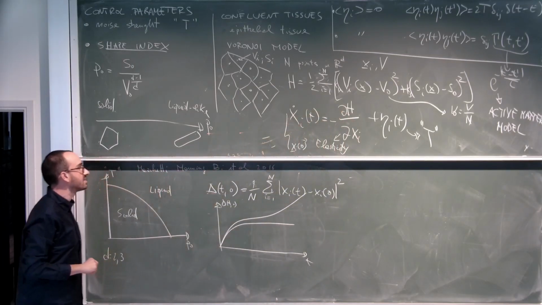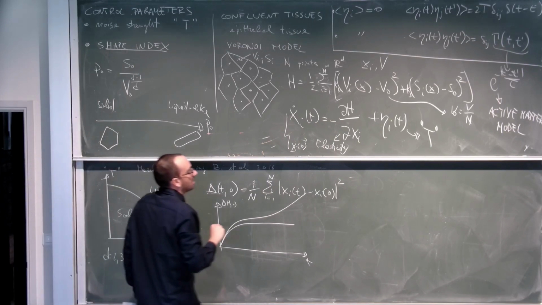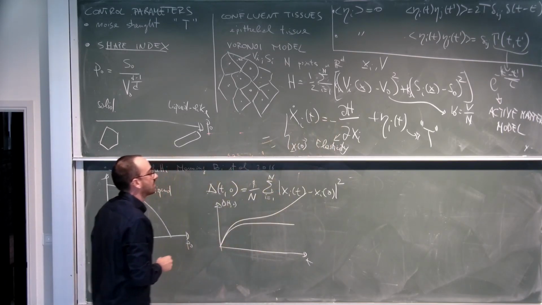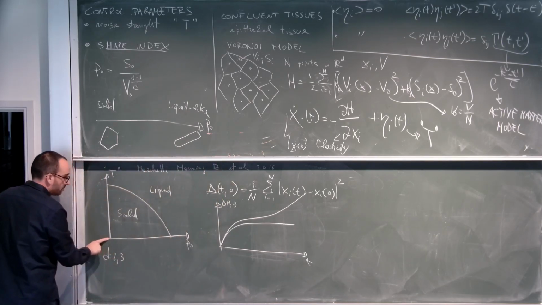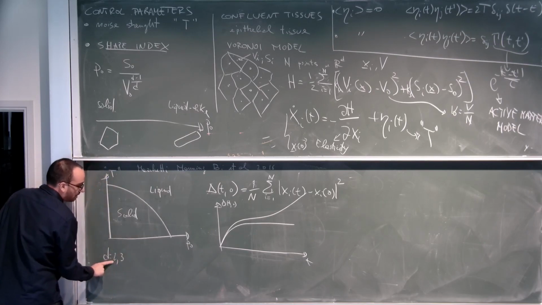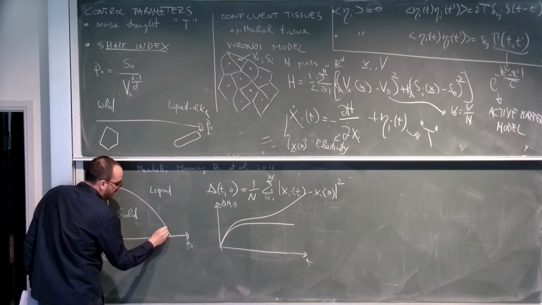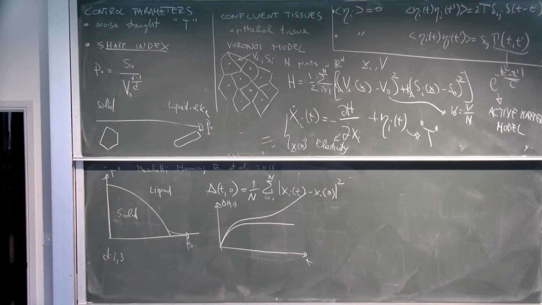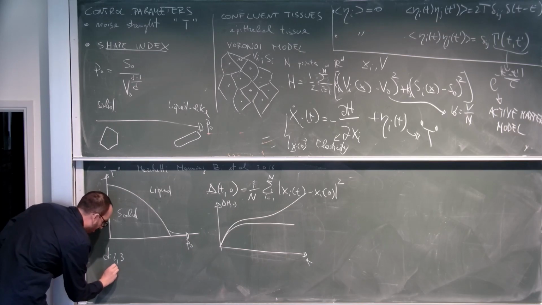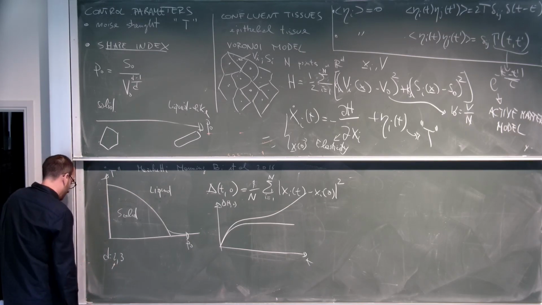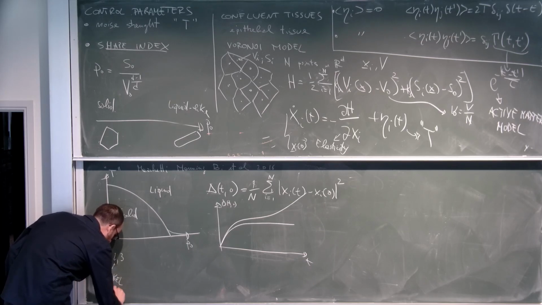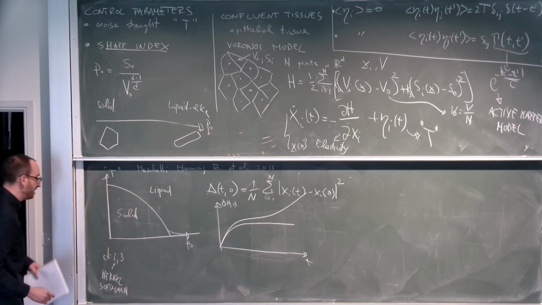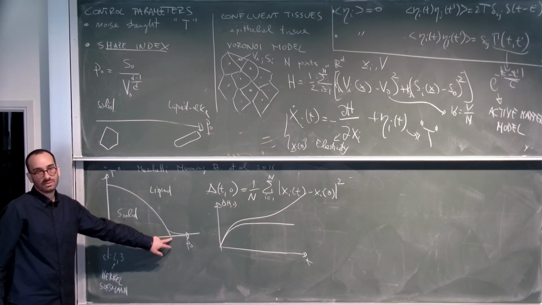This is some gradient descent, it will reach some fixed point for H. If I do this at T equal to 0, it is found that in D equal to 2, there is no transition here, and actually this line goes like this. This is in a paper by Merkel and Sussman, while in D equal to 3, you have a true phase transition.